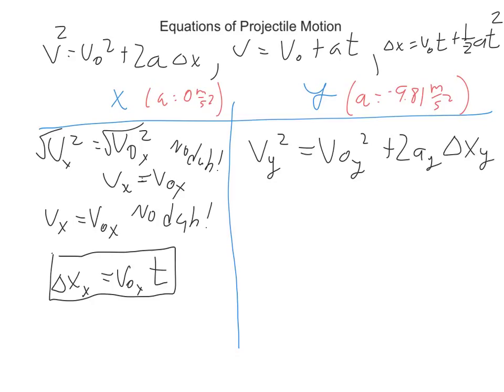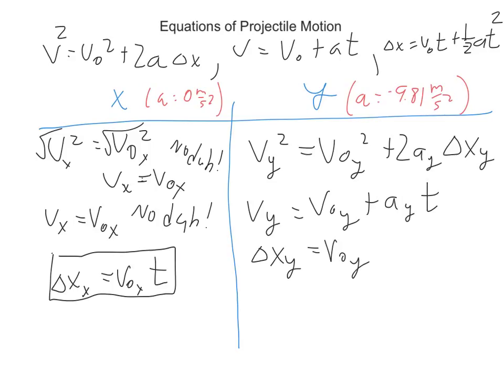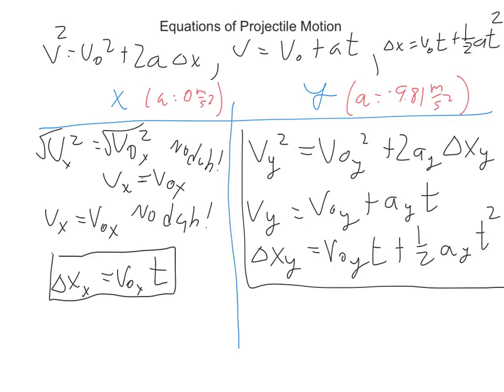Because in all three cases, we have a non-zero acceleration. So the y direction is definitely going to be a happening place to go when you are using your kinematic equations. So all three of these are fair game.